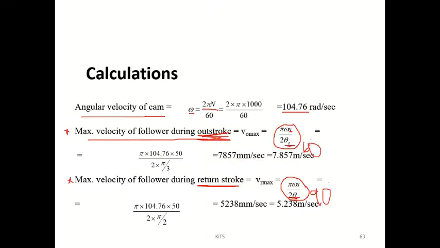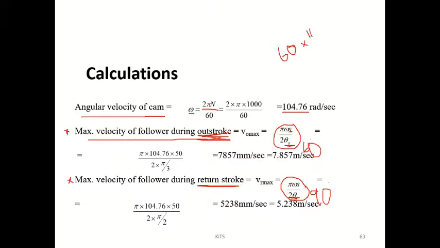How can we convert it into radian? Very simple. You cannot put the degree value directly inside.